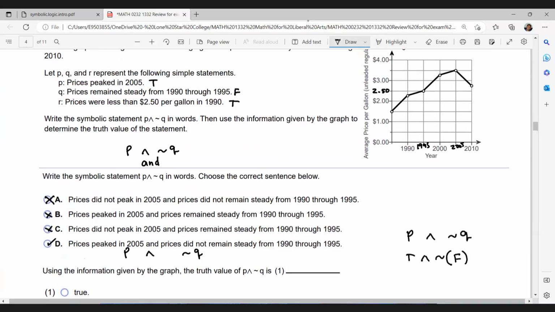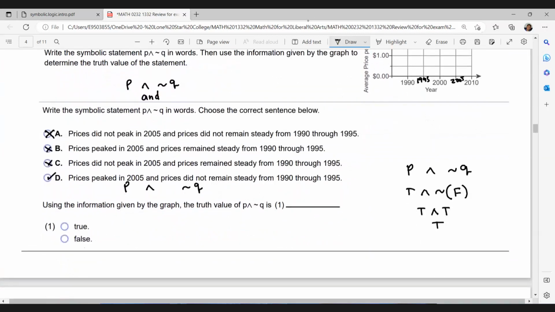And so therefore this will be true. Let's not think about it as negative times; switch it to the opposite truth value, that will become true. And therefore true and true will give us true. So therefore we have here true.